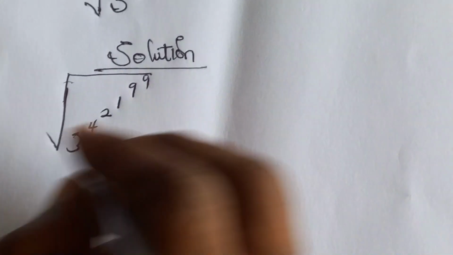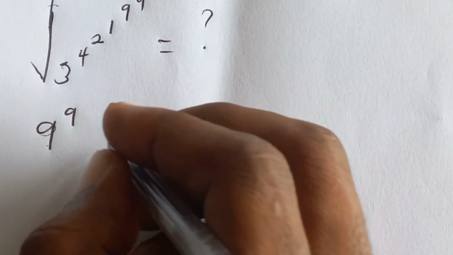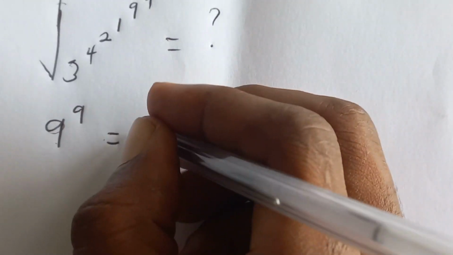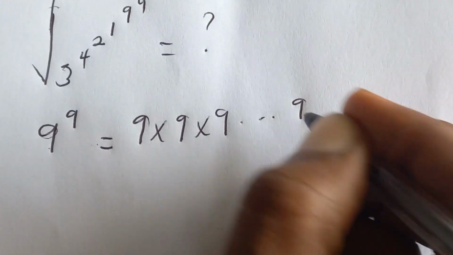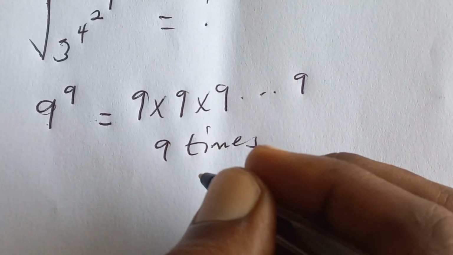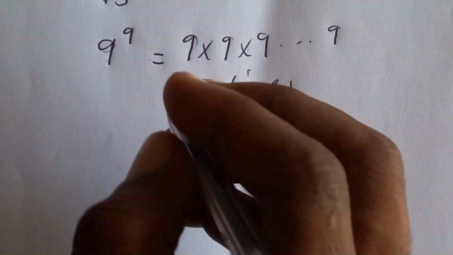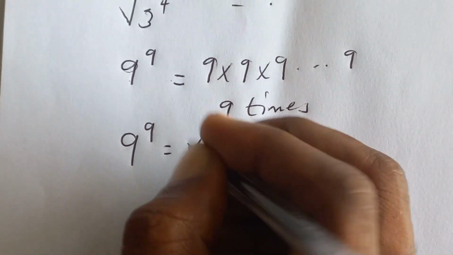We are going to tackle 9 exponent 9 first, and 9 exponent 9 is the same as 9 times 9 times 9 times 9. We can write this as 9 exponent 9 is equal to x.